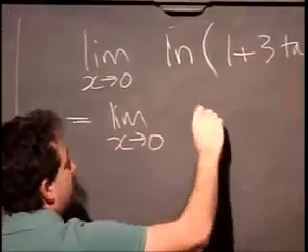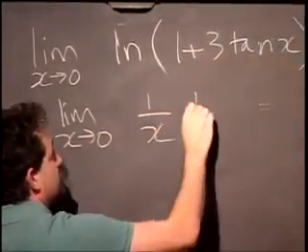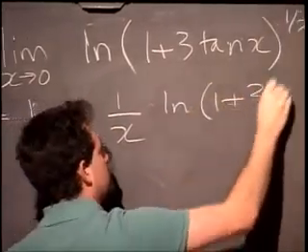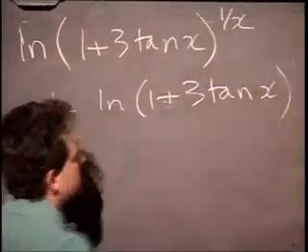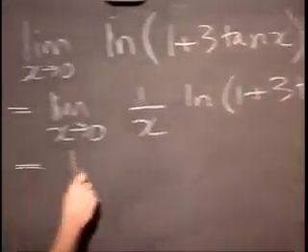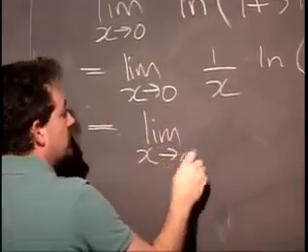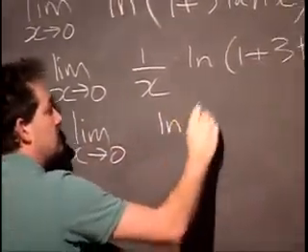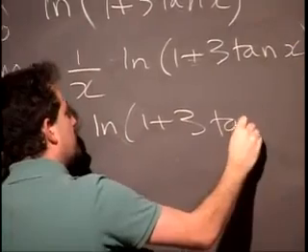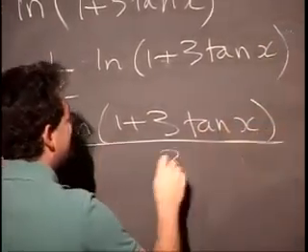Well, the 1 over x comes out the front. And actually, it's already a fraction. We don't even need to do this rigmarole of dividing. We can just rewrite it as log of (1 plus 3 tan x) over x.